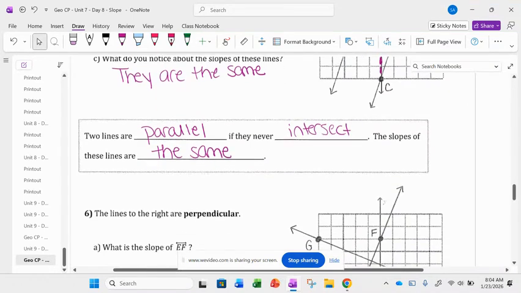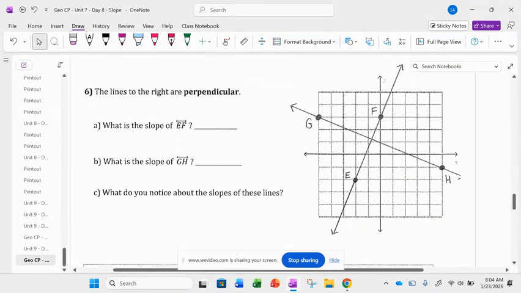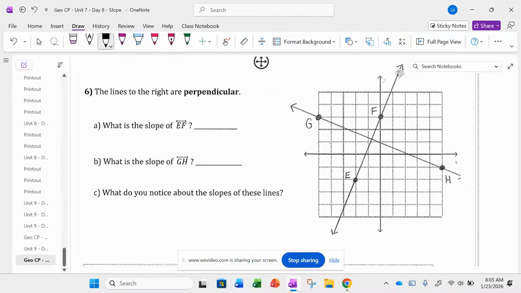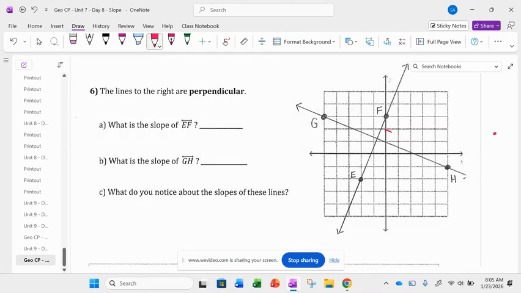Okay, we ready for the next one? The lines to the right are perpendicular. Who remembers that vocabulary word? What do perpendicular lines make? Jack? Right angles, exactly. So when they say these two lines are perpendicular, where they intersect is going to make four right angles.